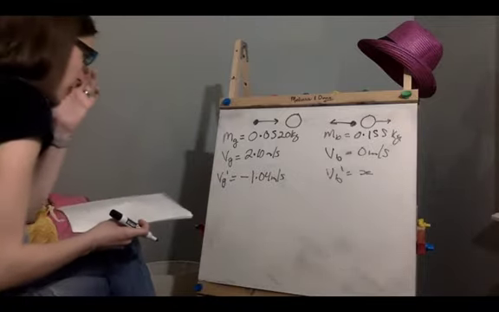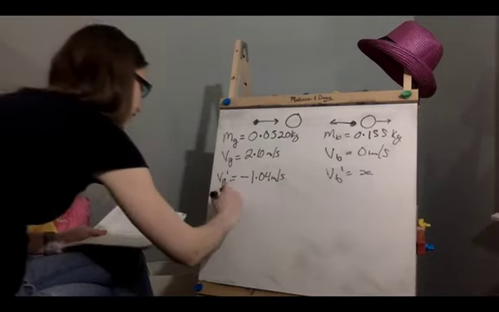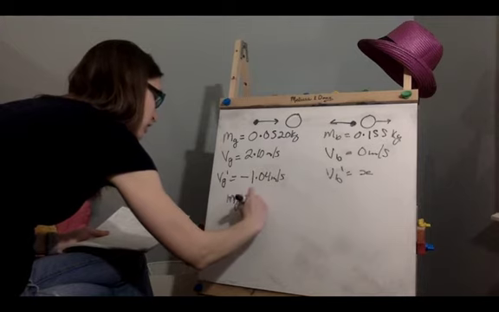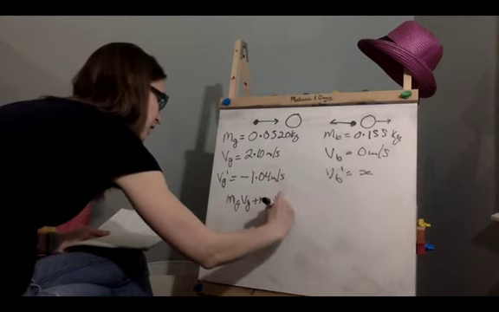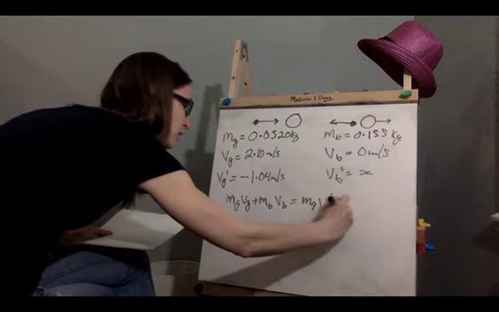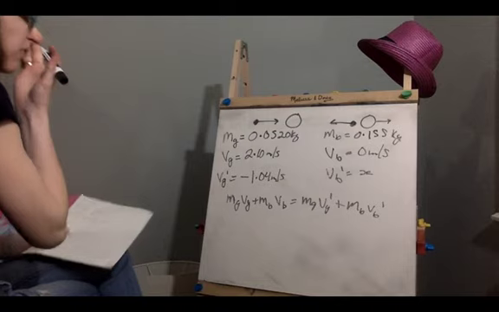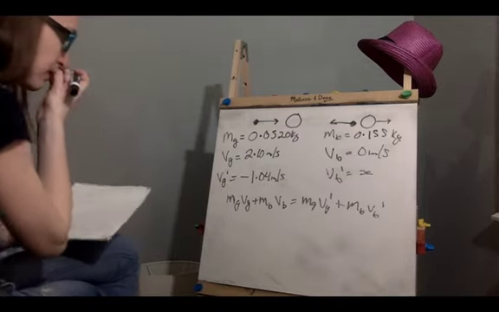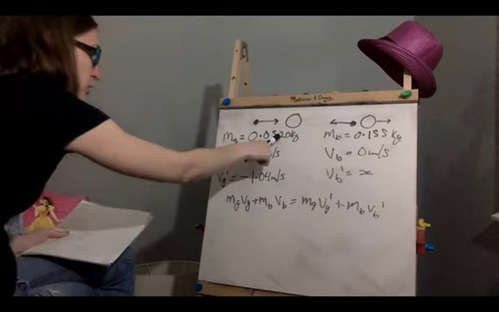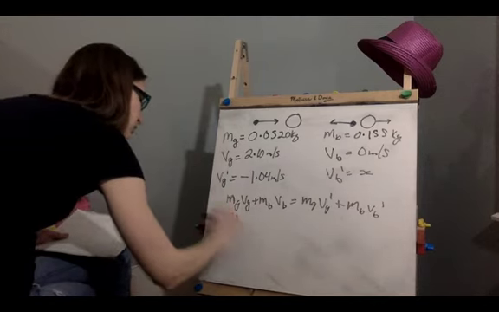So again, you're setting up the law of conservation of momentum here, where you get the following: m_g v_g plus m_b v_b is equal to m_g v_g prime plus m_b v_b prime. You could use 1 and 2 here, it really doesn't matter, okay? So again, you can start plugging in values. So you have 0.052 times 2.1, plus 0.155 times 0, is equal to 0.052 times the negative 1.04 plus 0.155 times the v_b prime, or x.